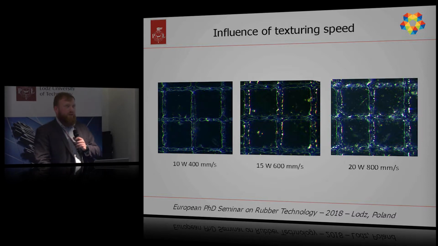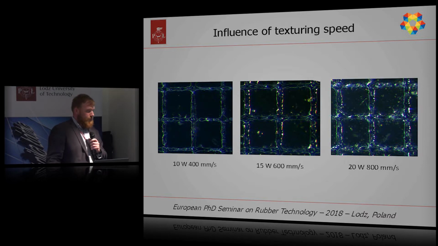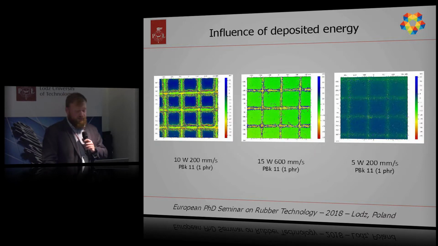And you can see, unfortunately, the light when taking the picture wasn't the same, but the non-patterned area is quite the same, and the width of the pattern is similar. So the speed is not so important, but now the same material takes different energy.